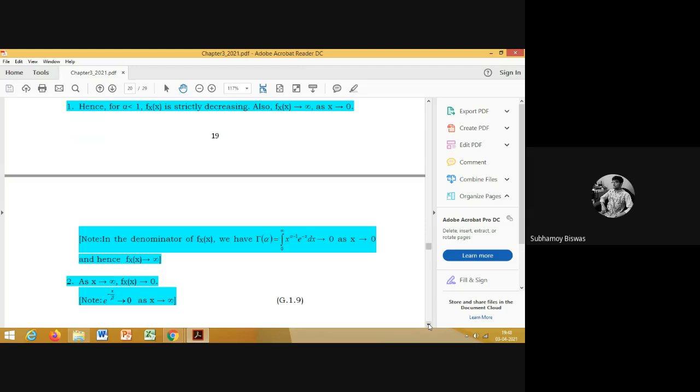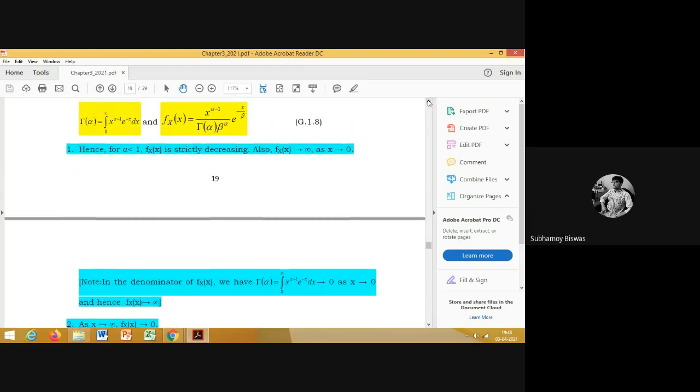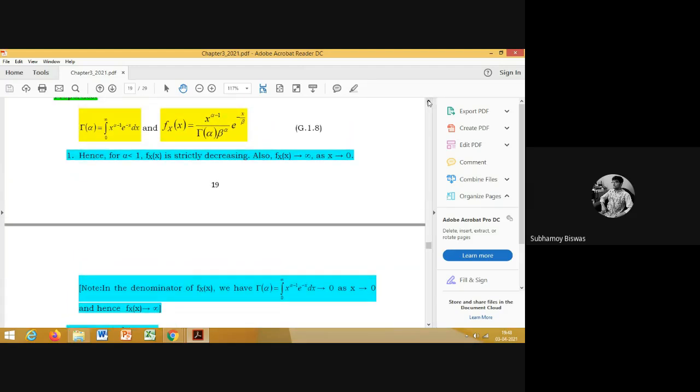Ma'am, while determining the value of gamma of alpha, we are integrating from 0 to infinity, so we are varying x from 0 to infinity. And at the same time, we are also considering that x tends to 0. I couldn't understand that. I think the x in the distribution function is different.